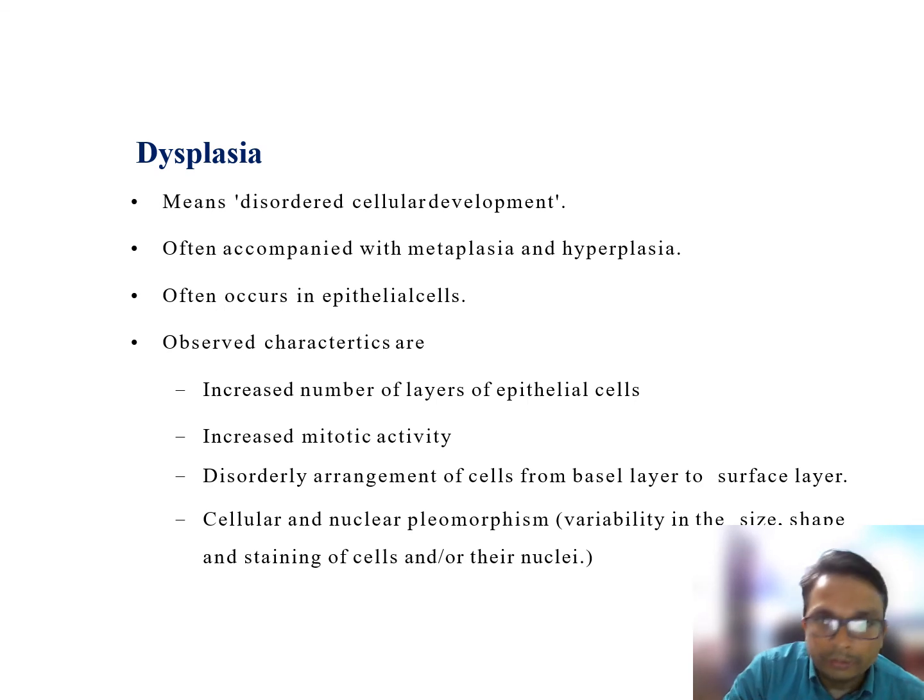Moreover, you can observe cellular and nuclear pleomorphism, which means variability in the size, shape, and staining of the cell and even nuclei, which is observed in case of dysplasia, and is generally observed in cancer too.